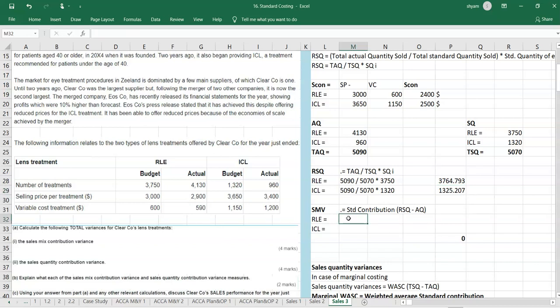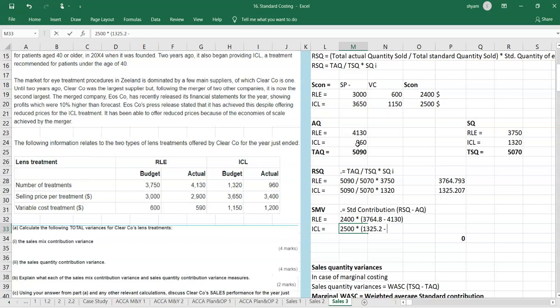This number is standard contribution into RSQ minus AQ. AQ is 4130, and again standard contribution into RSQ minus AQ.